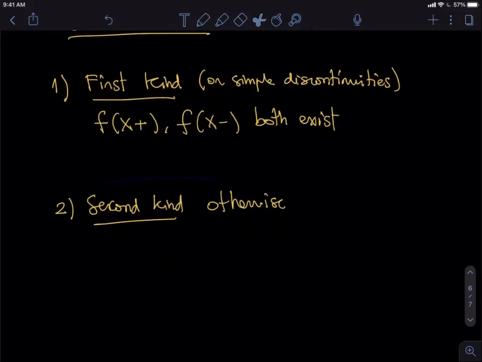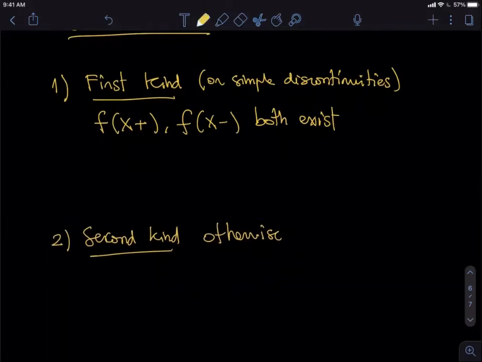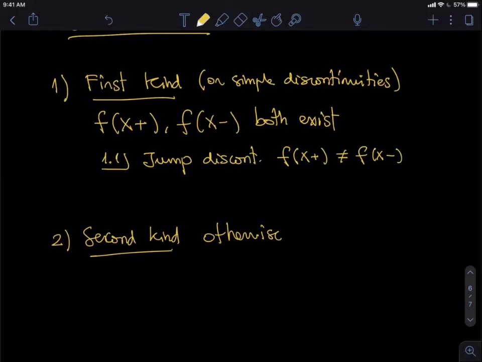Within the first kind, we have two possibilities. The first type is a jump discontinuity. This happens when the limit from the right is different from the limit from the left. The function may or may not be defined at x, and that value could be equal to either of the lateral limits or completely different from both of them.